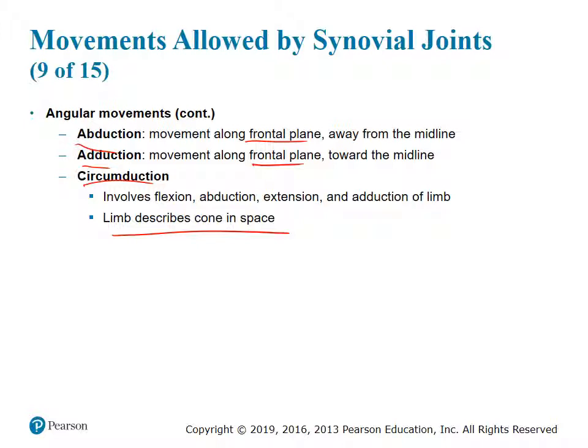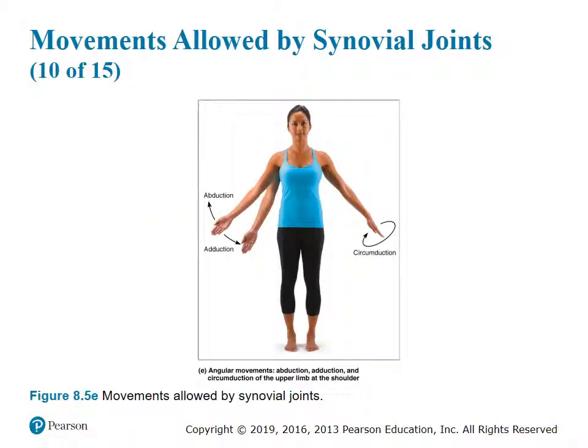You can draw a circle with your leg. So here's the circle I was talking about. There's the cone, right? You make a circle, then that means that joint can undergo circumduction. Here's abduction and adduction. Take your hand and go this way and that way. Or you can take your leg and do this, right?